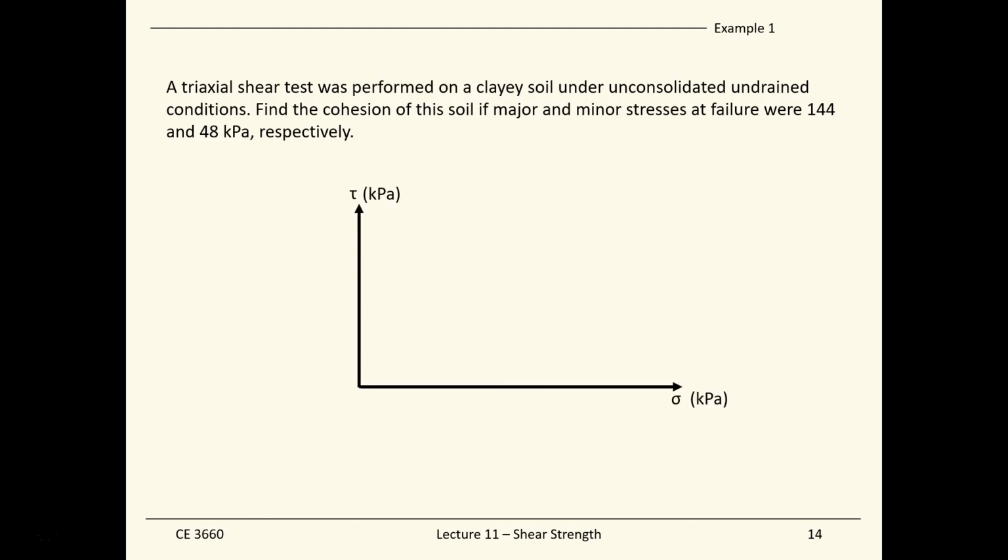On the Mohr circles, we know the major and minor stresses at failure, which means we know sigma 1 and sigma 3. So if we know sigma 1 and sigma 3, then we can plot out the Mohr circle. And the question here being asked is the cohesion. The cohesion is the strength of the clay sample, which is the maximum shear stress, which is the radius we talk about.